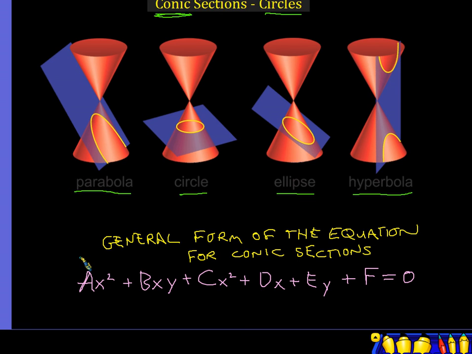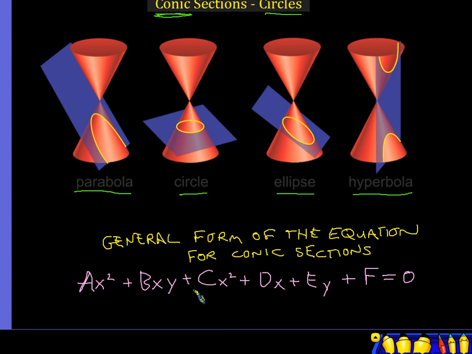So before I leave this discussion of conic sections, I did want to show you the algebra related to the conic sections. Down here I have the general form of the equation for conic sections. It usually starts out like ax squared plus bxy plus cy squared plus dx plus ey plus f equals 0.